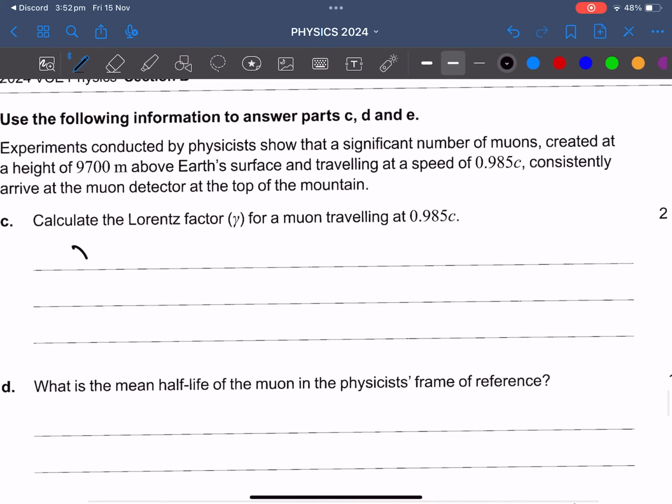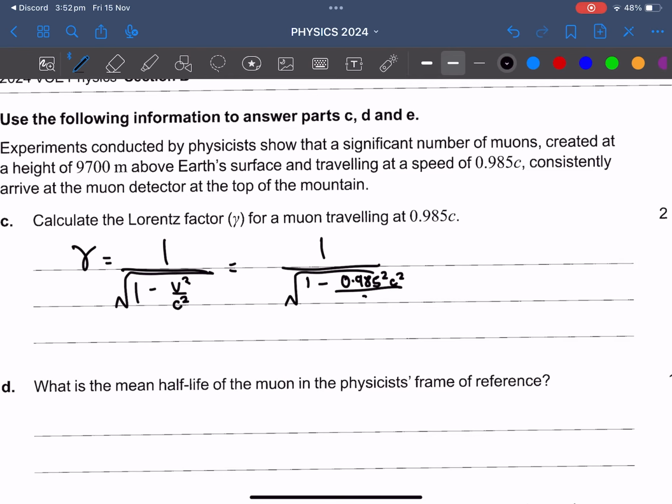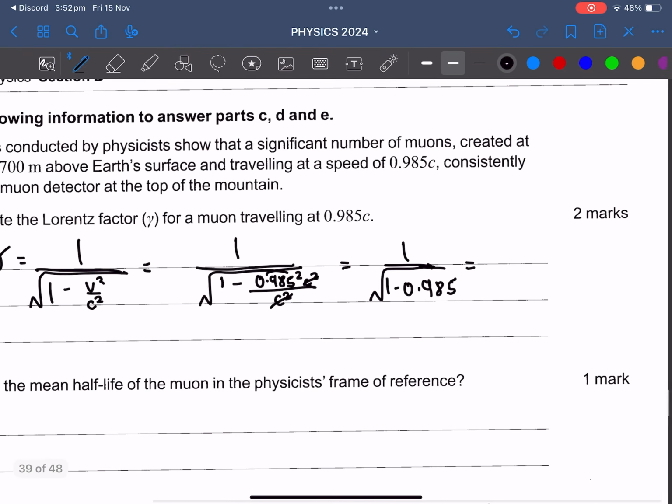Okay, so the Lorentz factor is equal to 1 divided by the square root of 1 minus v squared on c squared, which is equal to 1 on the square root of 1 minus 0.985 squared c squared divided by c squared. So this and this will cancel out, leaving us with 1 divided by the square root of 1 minus 0.985 squared, of course.